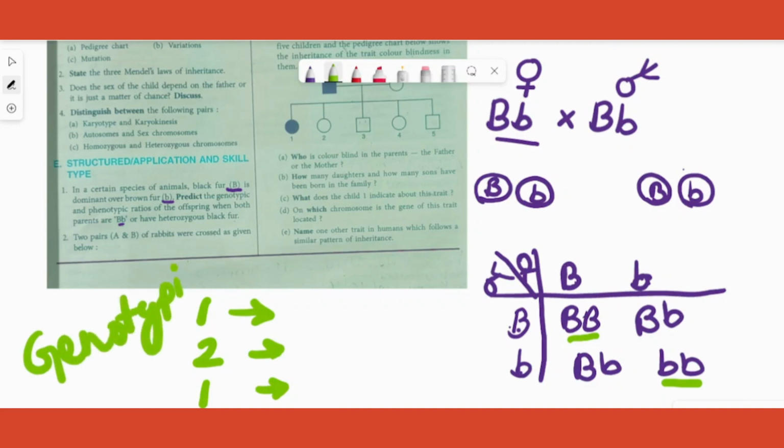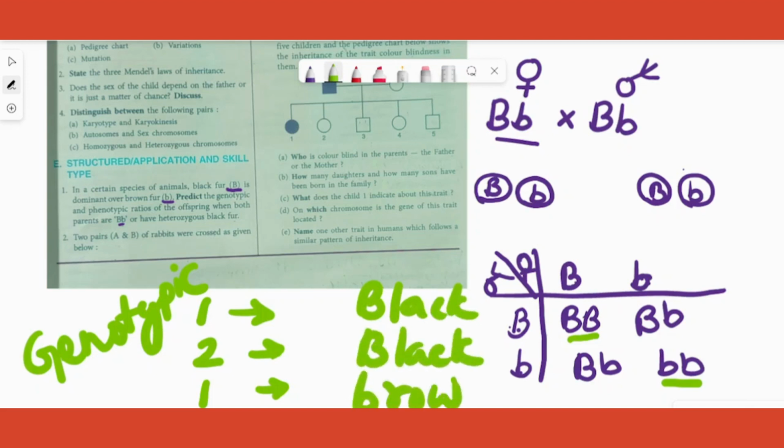Now what is the ratio for phenotype? In case of phenotype, this is also black, this is also black, and this is brown. So it's better that you write down homozygous, heterozygous, brown. You need not write anything else.